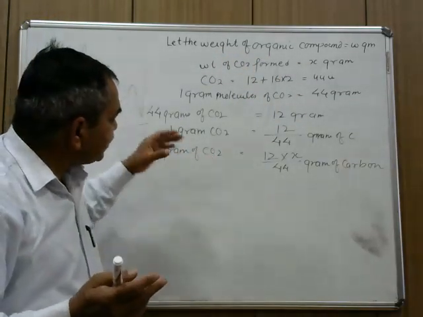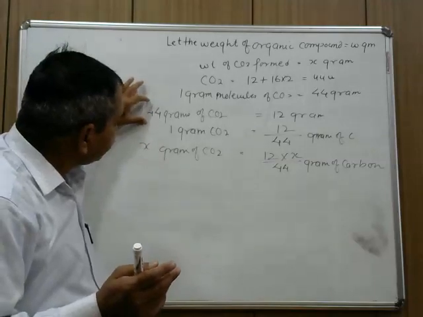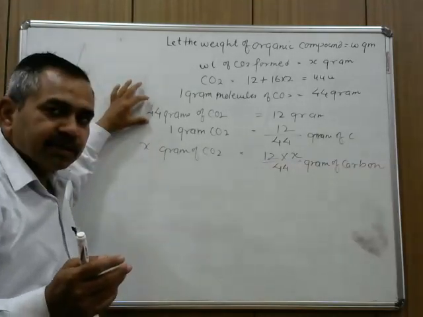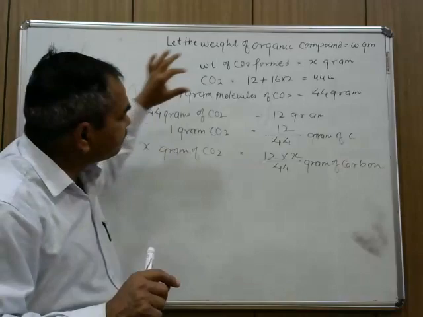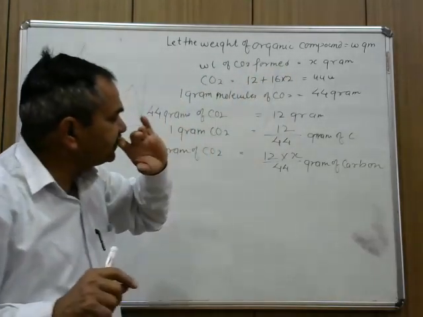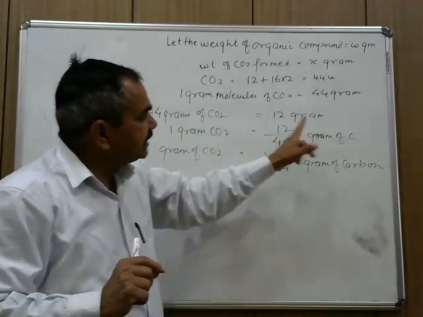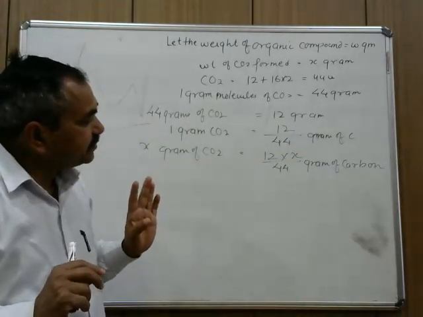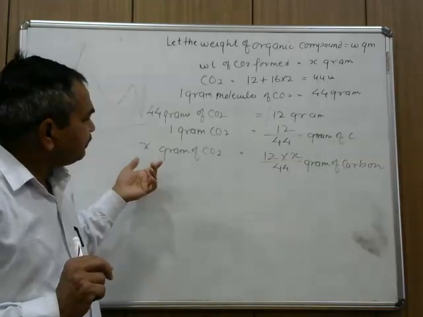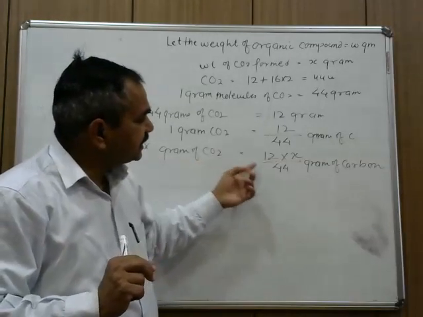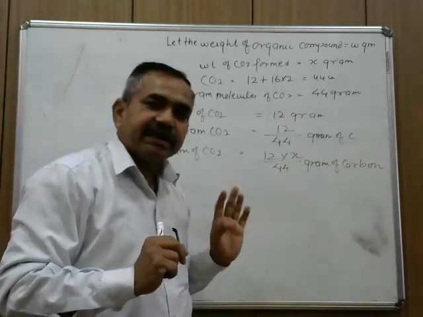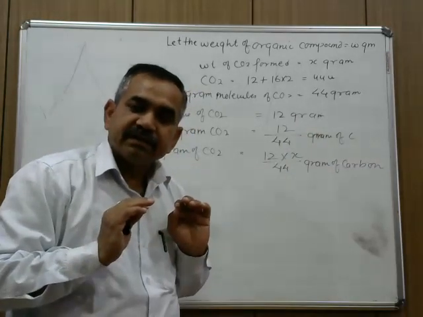The same reasoning is applied here: 44 grams of carbon dioxide, meaning 1 mole, will have 12 grams of carbon. So 1 gram of carbon dioxide will have 12 by 44 gram of carbon, and finally x gram of CO2 will contain 12 into x upon 44 grams of carbon.